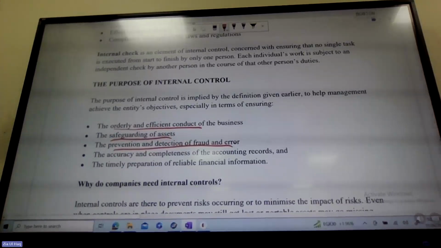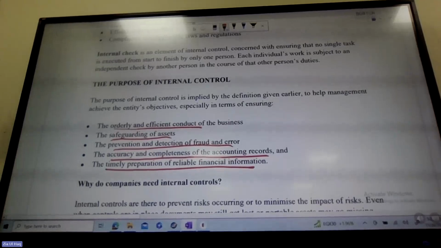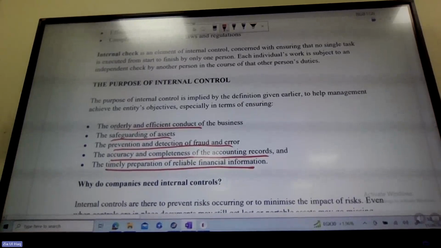You can produce complete and accurate accounting records. You can produce reliable financial statements on a timely basis. If there are no policies, your accounts will be wrong. There will be chances of fraud and errors in the accounts. You might not be producing accounts on a timely basis.